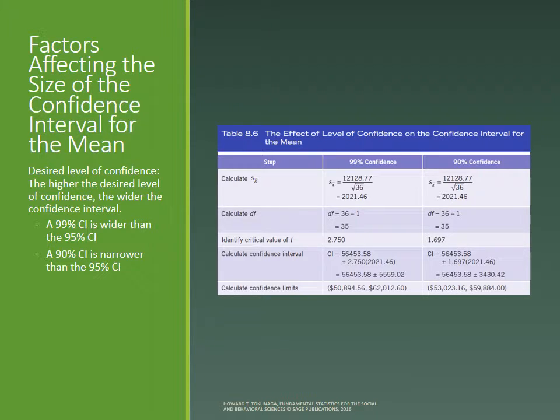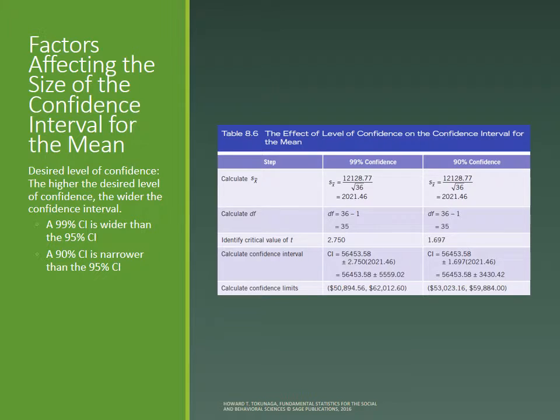Another factor that affects the size of the confidence interval for the mean is the desired level of confidence. The higher our level of confidence, the wider the confidence interval is going to be. So a 99% confidence interval will be wider than a 95% confidence interval. And a 90% confidence interval is narrower than a 95% confidence interval.